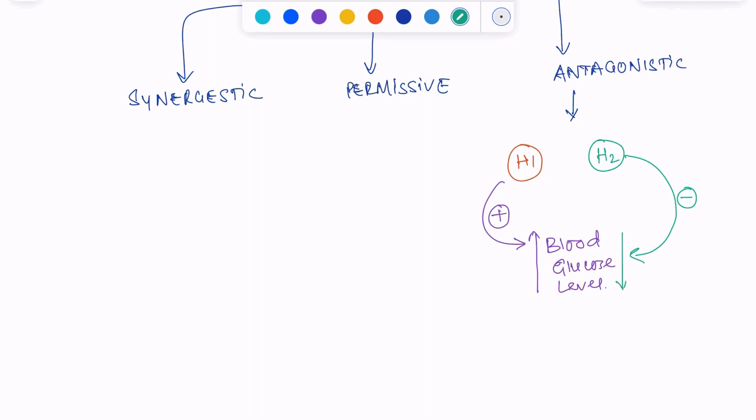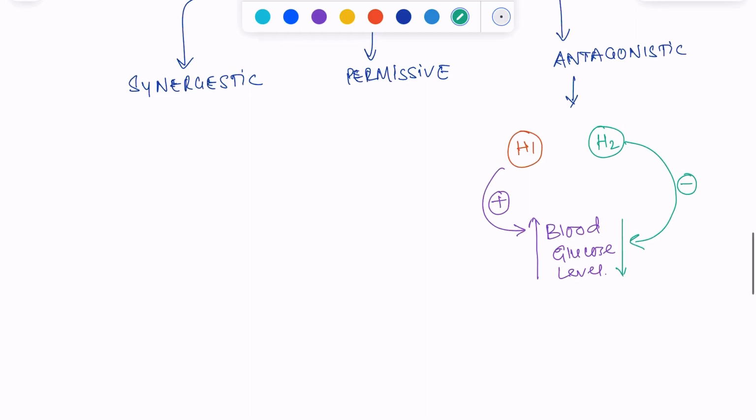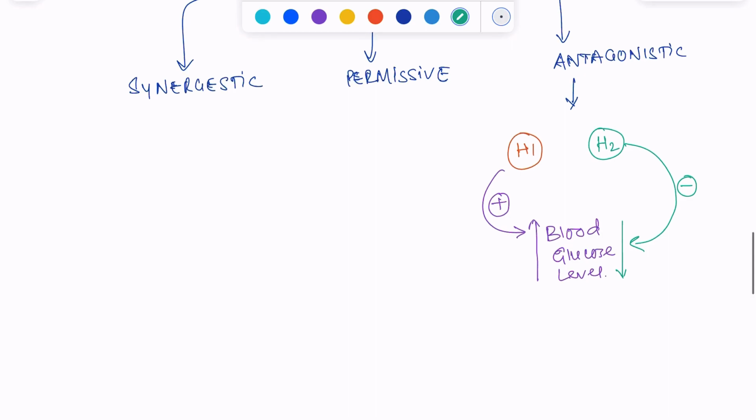We know which hormone can increase the blood glucose level: glucagon. Glucagon is secreted when the blood glucose level is low, so that it can increase the blood glucose level.